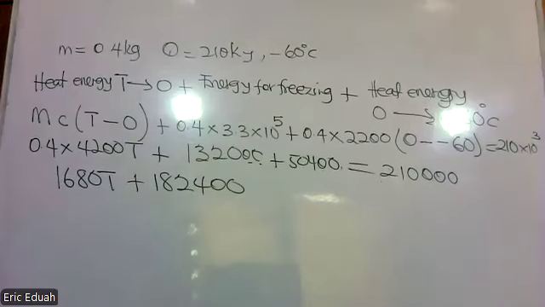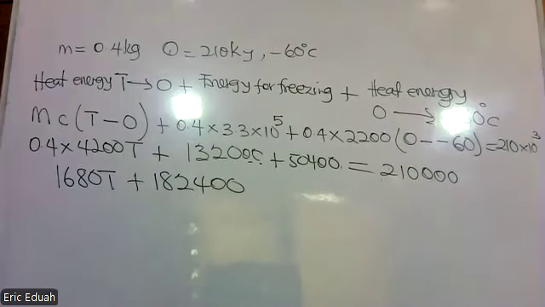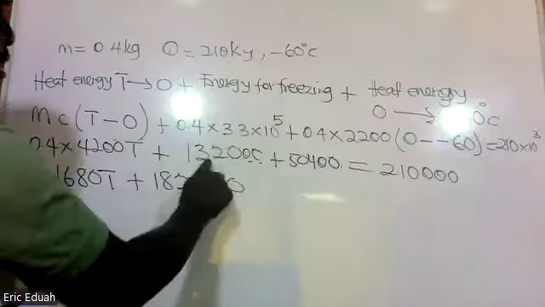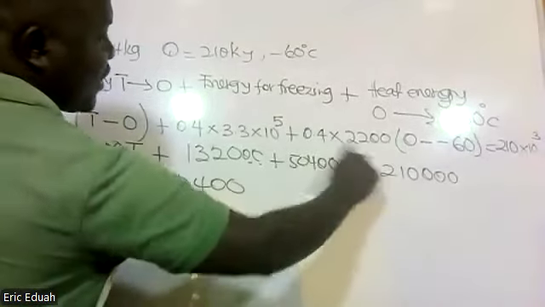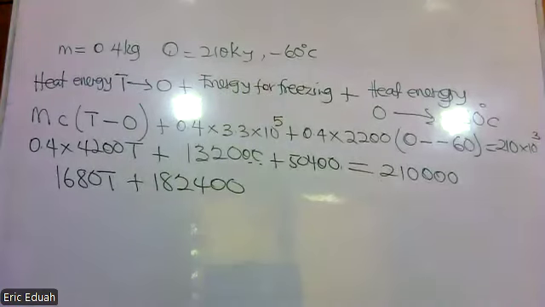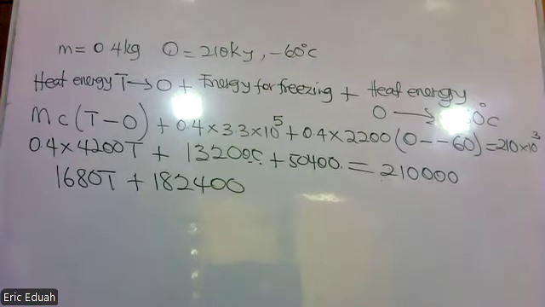Let's confirm: 0.4 times 3.3 times 10 to the power 5 is what gives the 132,000. This is giving us this. Then confirm 0.4 times 2200 times 60. It is 52,800.